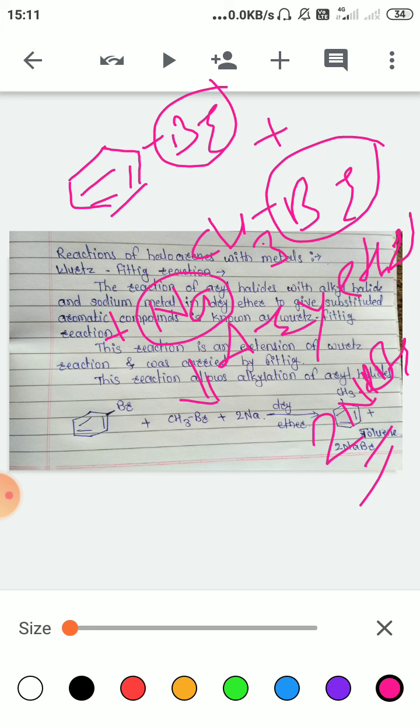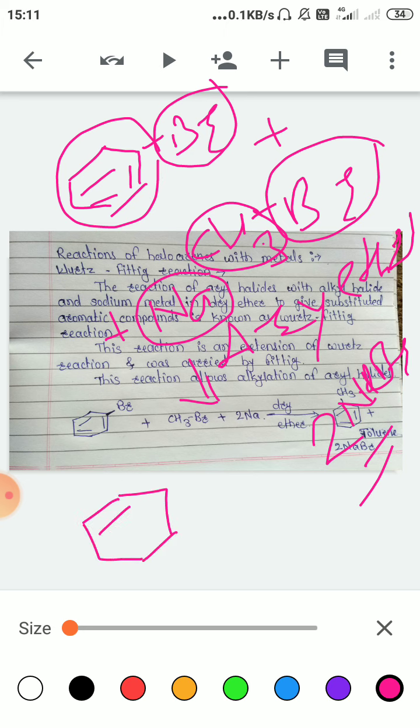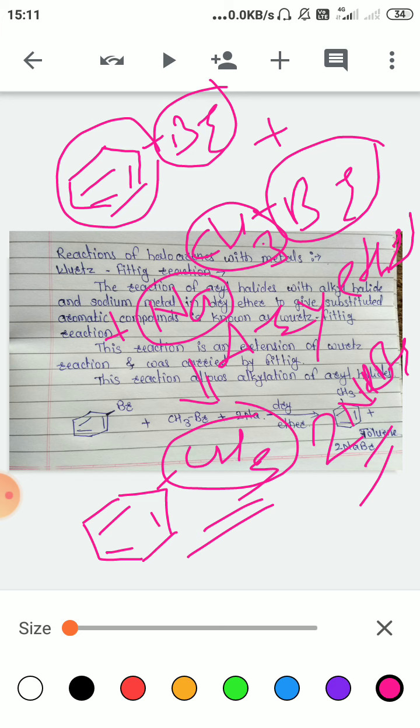The remaining methyl group and phenyl group combine to form toluene, with CH3 on the ring. It is a substituted aromatic compound, because the halogen atom is replaced by a methyl group on the benzene ring.